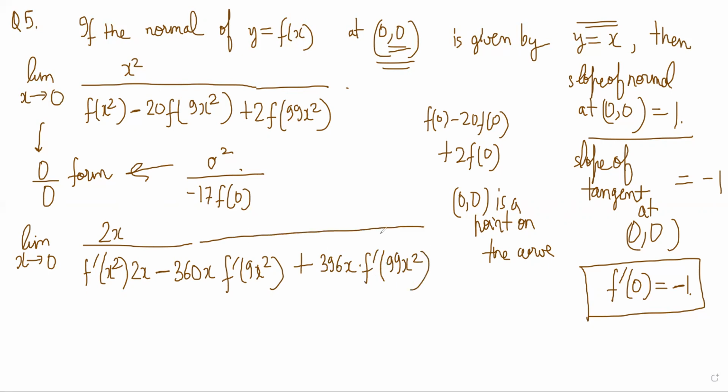Notice that this limit is still going to be 0 by 0 because every term has an x here, right? Correct. So we'll have to do the limit once more, right?